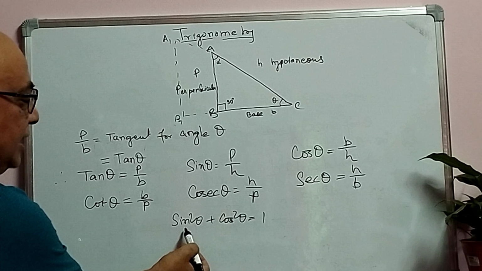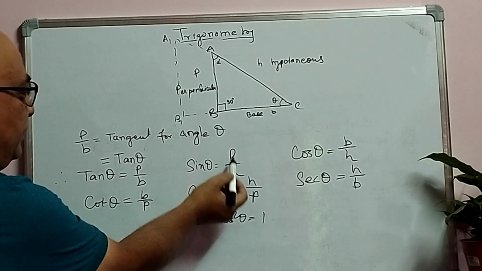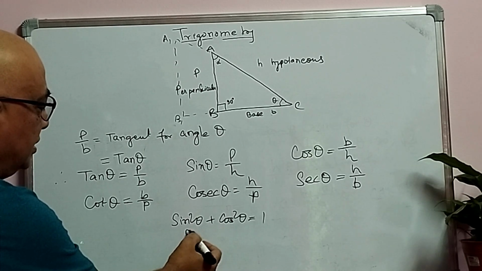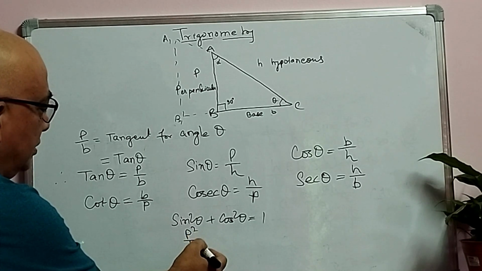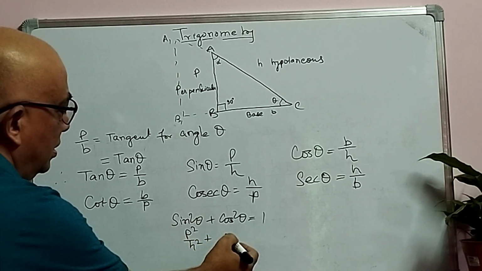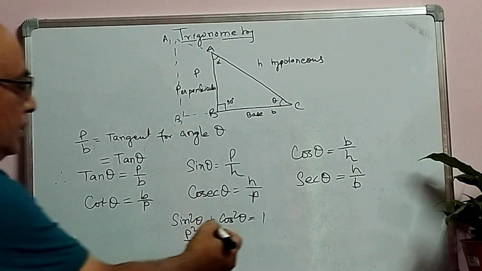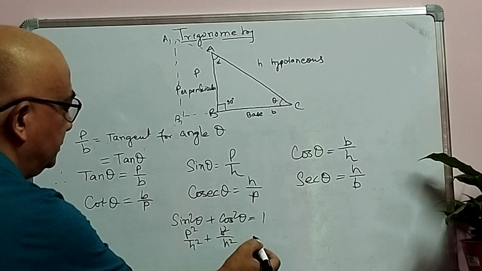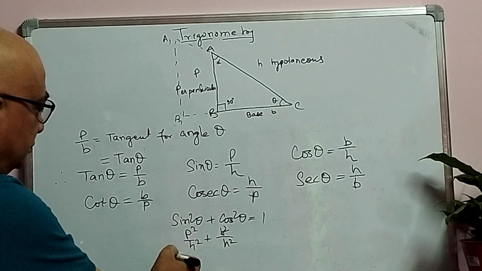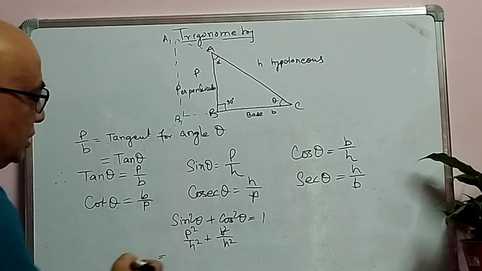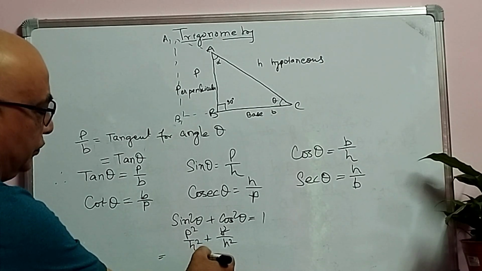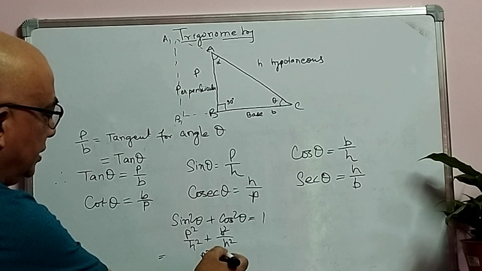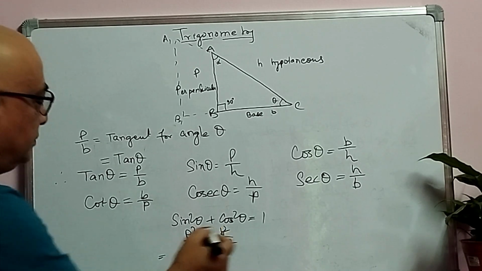I said sine theta is P by H, so this squared is P square by H square, plus cos is B by H, so B square by H square, equals, when we simplify this, P square plus B square upon H square.